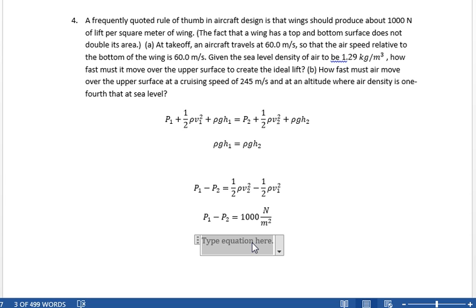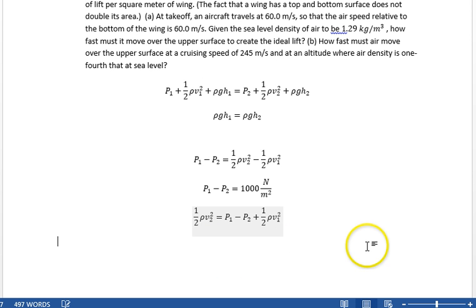We're after just V2. So I should have left V1 on the other side. I didn't. So 1/2 of rho V2 squared is P1 minus P2 plus 1/2 of rho V1 squared. What we have to do is isolate the unknown V2. I'm going to multiply by 2, and I'm going to divide by rho.